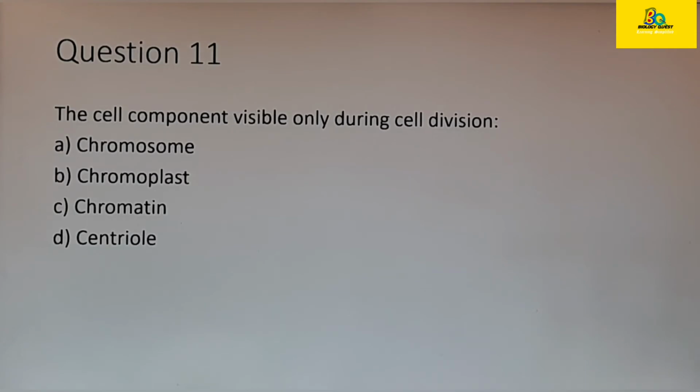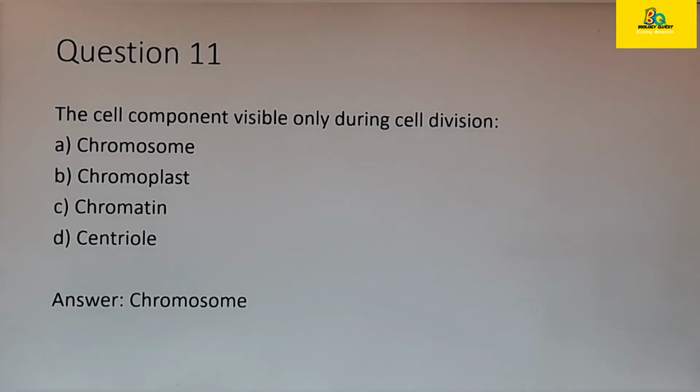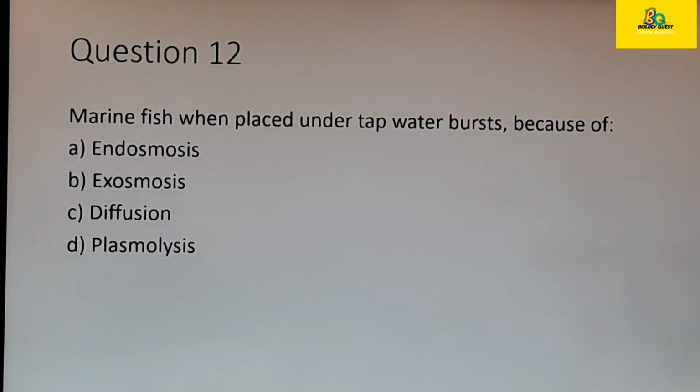And centriole refers to the two rod-shaped structures present inside the centrosome in animal cells. The cell component visible only during cell division is the chromosome. It is not chromatin, because as the cell enters cell division, the chromatin condenses and coils to form the chromosome. So the correct answer is option A, chromosome. Question 12.